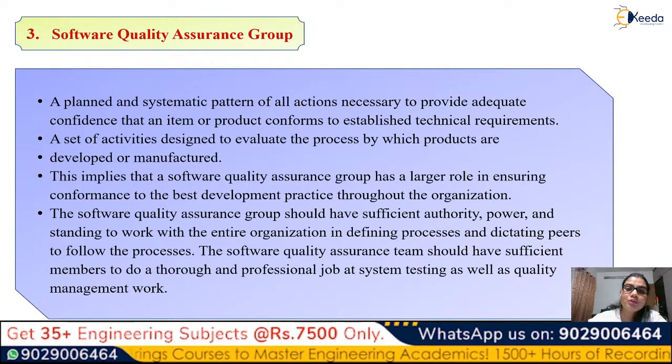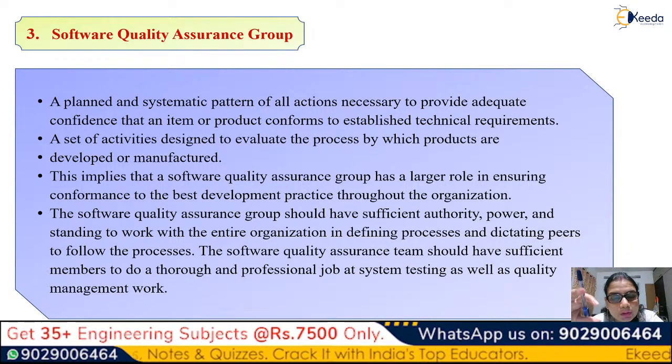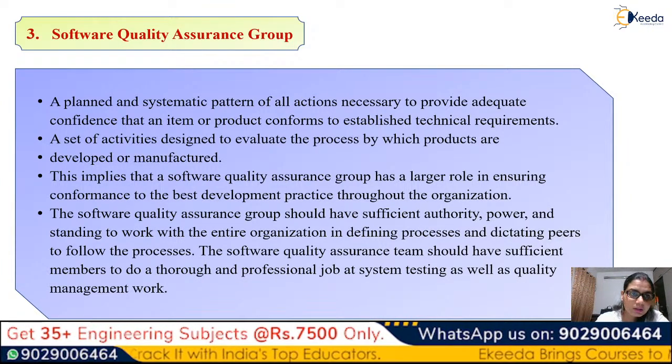We are not talking about how to purchase, but yes, software quality plays a role in directing peers. The software quality assurance team should have sufficient members to do a thorough and professional job. In the end, everyone is appointed to do a professional job, so a professional should understand how and what to do, and in the end it is about quality. I hope this is very clear to you.